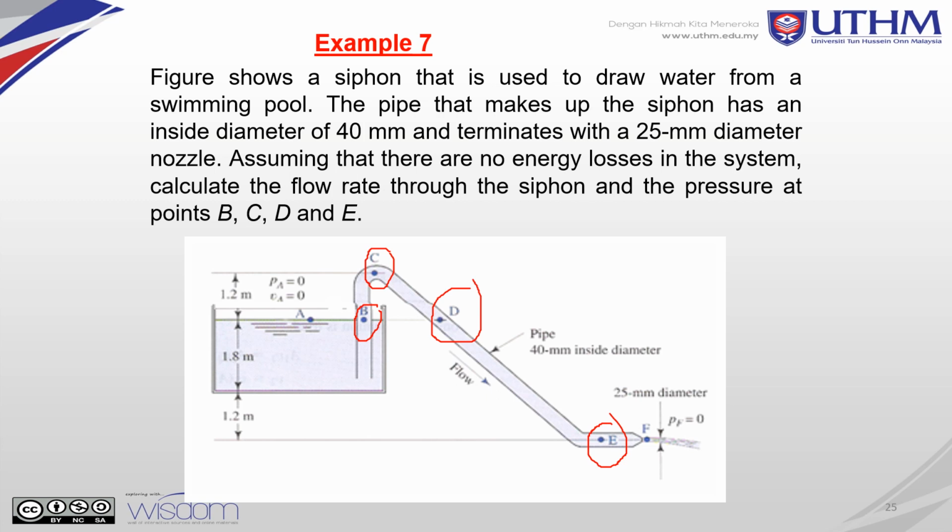The pipe that makes up the siphon has an inside diameter of 40 mm and terminates with a 25 mm diameter nozzle. Assuming there are no energy losses, HL in the system, calculate the flow rate through the siphon and the pressure at points B, C, D, and E.